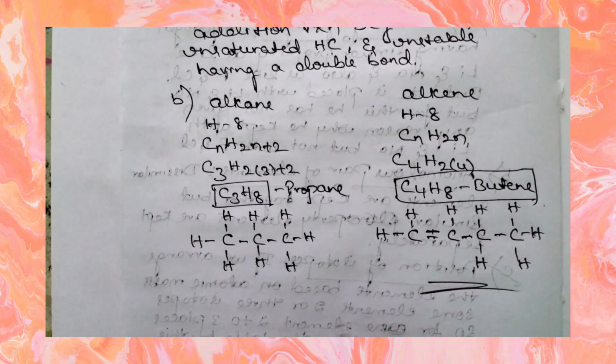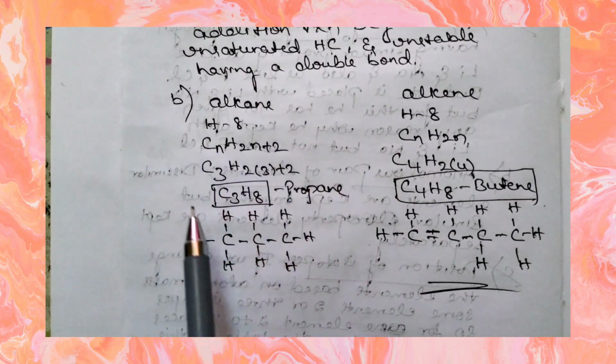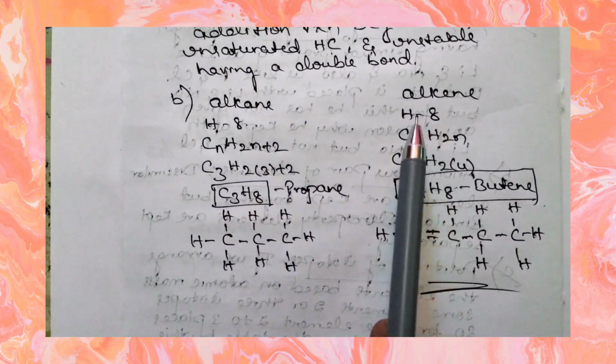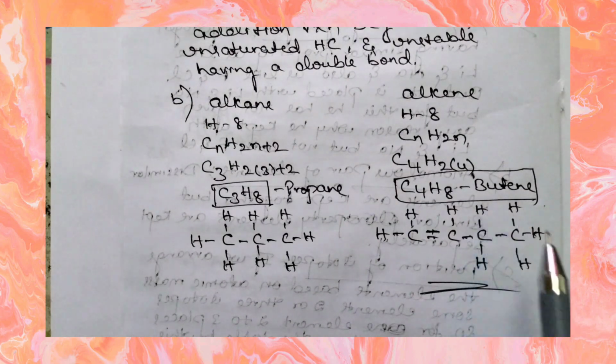So this is the structural formula for butene having 8 hydrogens. So on this side the alkane with 8 hydrogens is propane, and on this side the alkene with 8 hydrogens is butene. Like that we have to write their molecular as well as structural formulas.